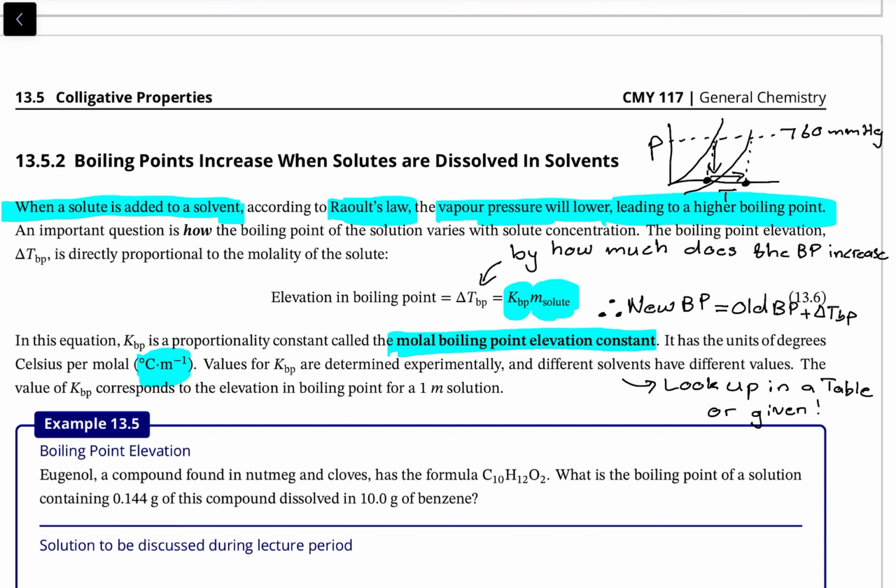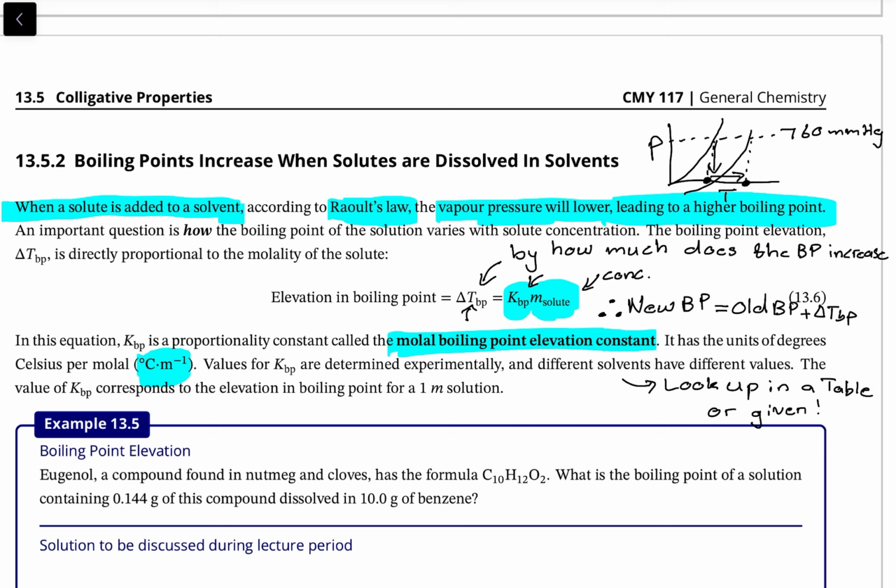All right. And hence, what this basically does, it tells us if you know the concentration of how much of the solid you dissolved, and you know this proportionality constant, then it tells us by how much the boiling point is going to change. And that's how easy this formula is.